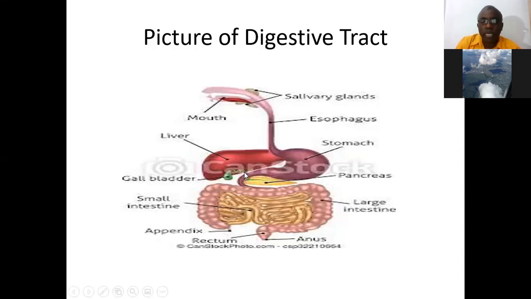It can be floating in the blood and you are not able to utilize it. But this organ that produces insulin helps your body to utilize it. And they are all part of the digestive system. All of these organs, the liver, the gallbladder, help your body to digest fat.